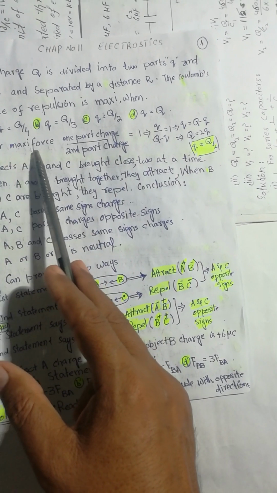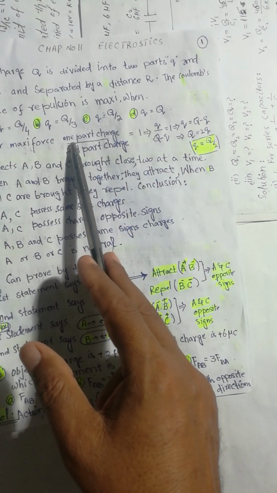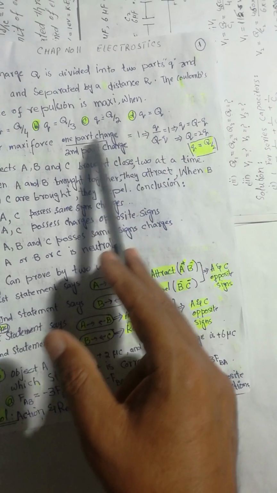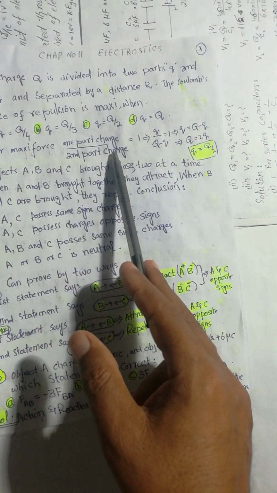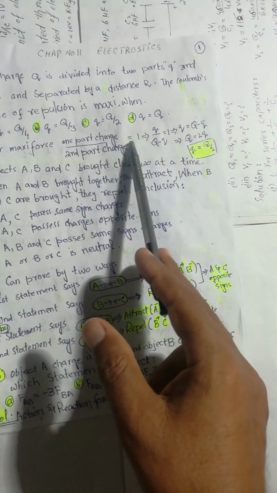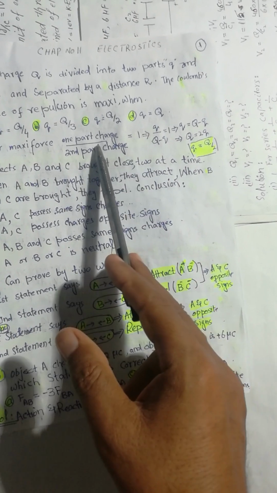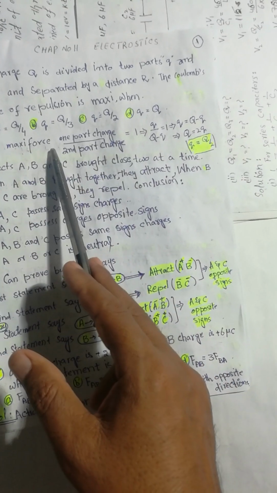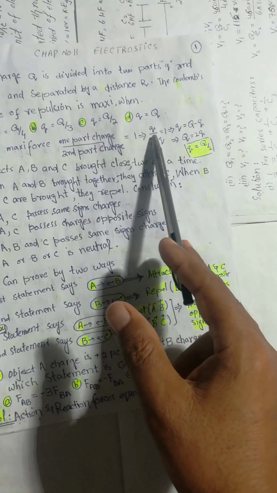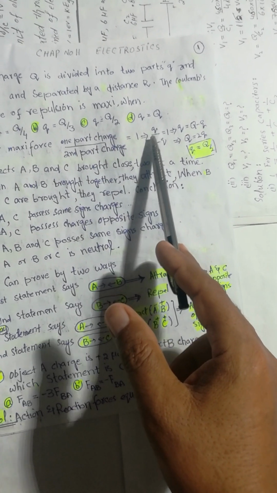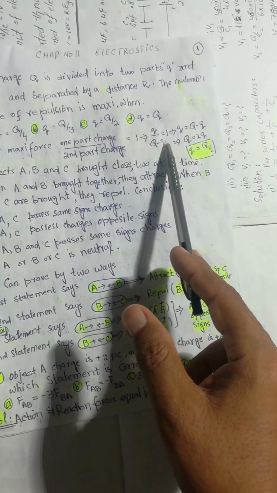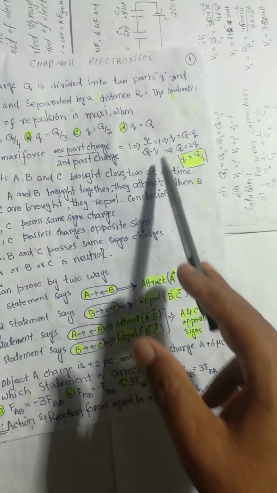Now the condition is that force is maximum. It means that charge 1 divided by charge 2 must be equal to 1. This will mean that the force is maximum. Now putting these values of the charges, small q divided by capital Q minus q equals 1.